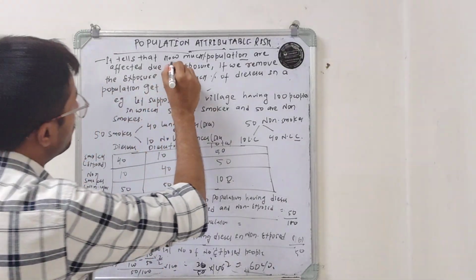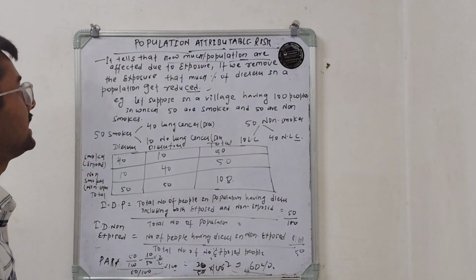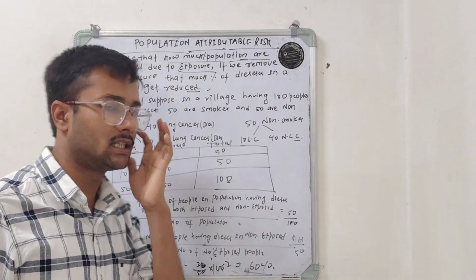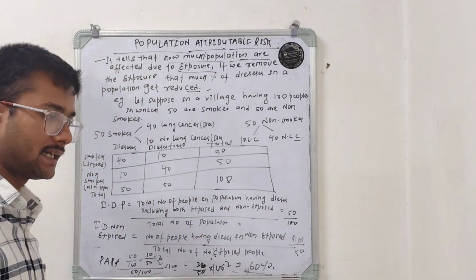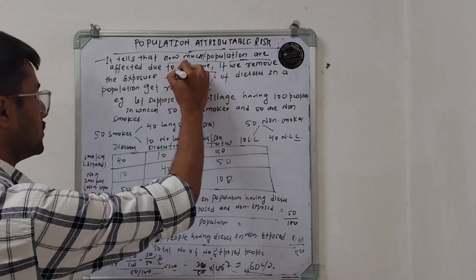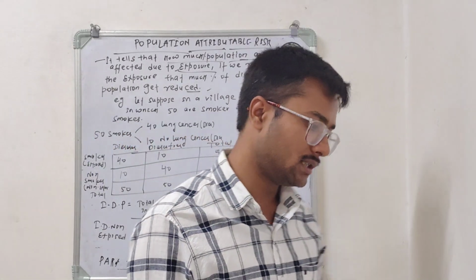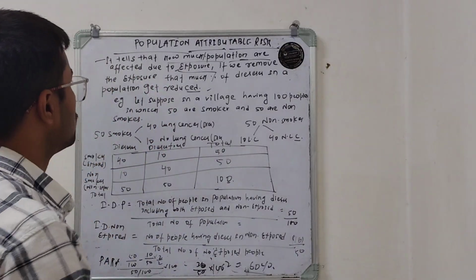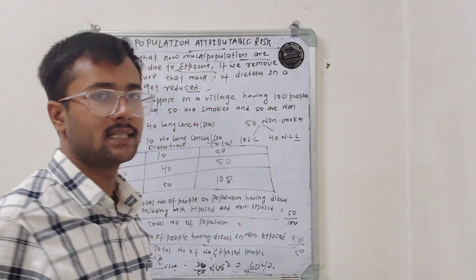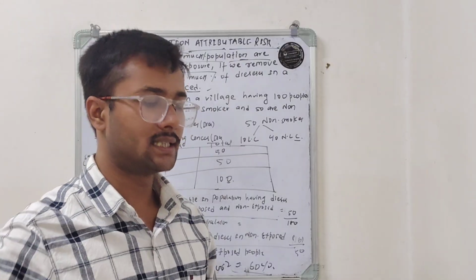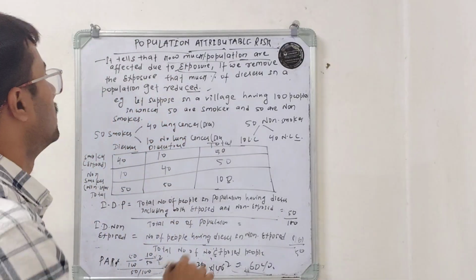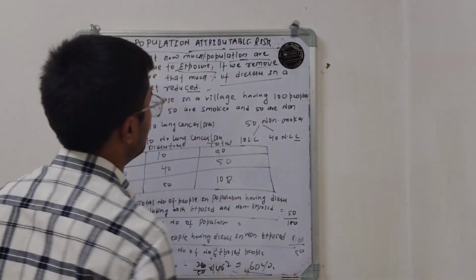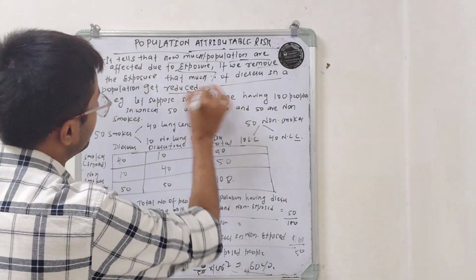It tells how much of the population is affected due to exposure. Exposure may be anything: smoking, lead poisoning or something else. If we remove the exposure, that percentage of disease in the population is reduced.